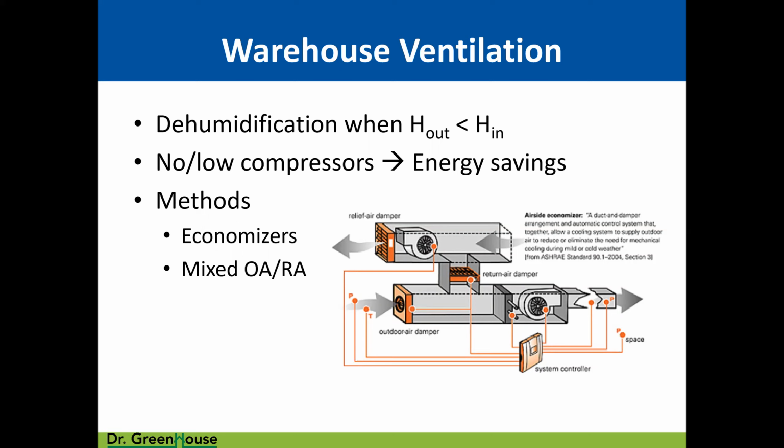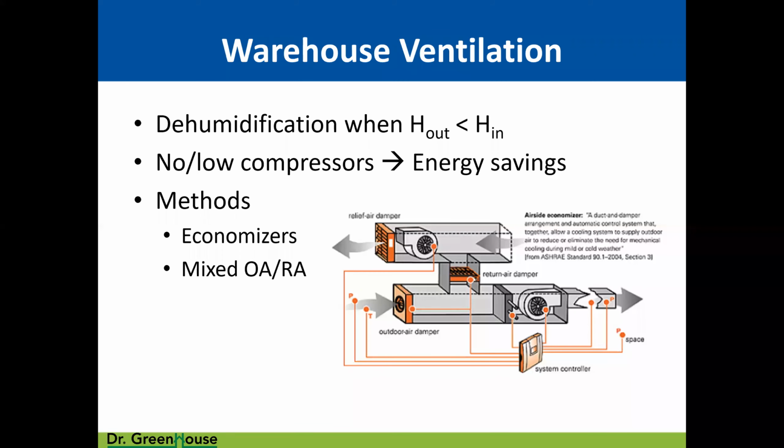Okay, so typically you would see economizers, which are basically, if you have an air conditioning system and you have a damper that you can open to the outside and relieve the air from the inside simultaneously, that's what's considered an economizer, as opposed to just recirculating the indoor air.